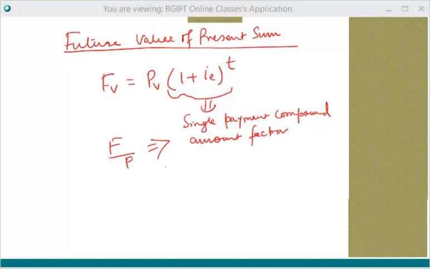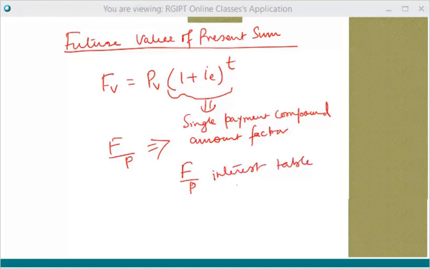Why am I talking about this factor? Because in earlier days, nowadays you have Excel and computation and you can do all these things quickly. But what people used to have is this kind of table, the interest table.